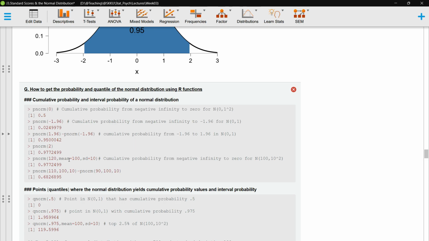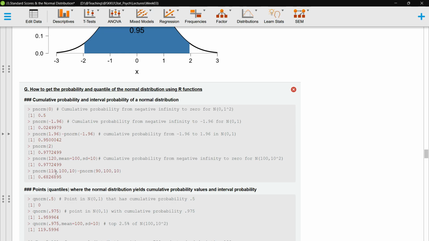Because this is 2 standard deviations above the mean, the cumulative probability is the same as the pnorm of 2 for the standard normal distribution, right? And for this one, the second argument is the mean, and the third argument is the standard deviation.